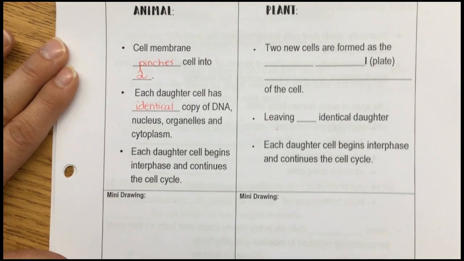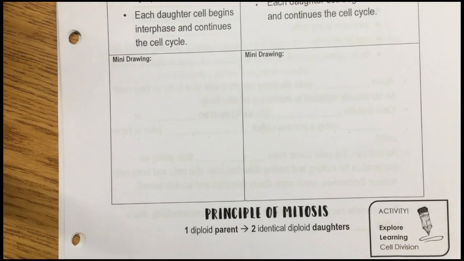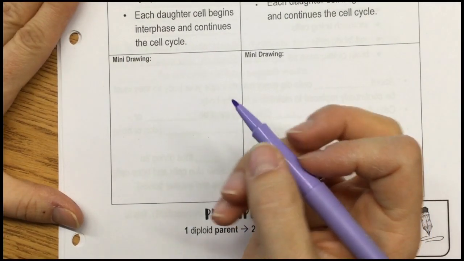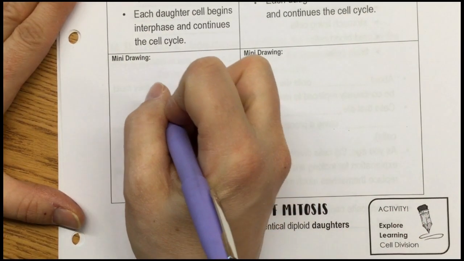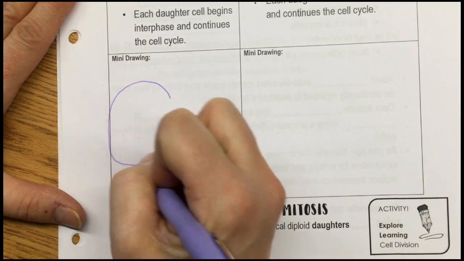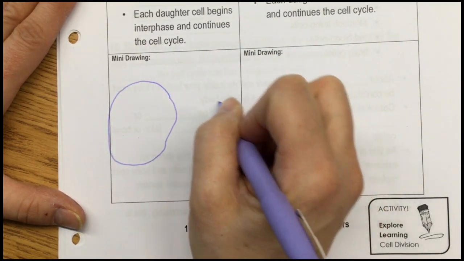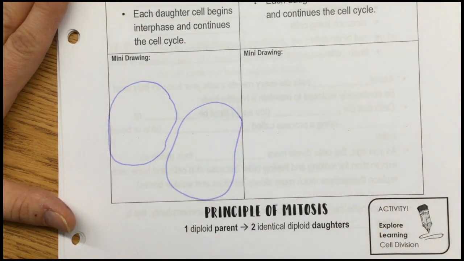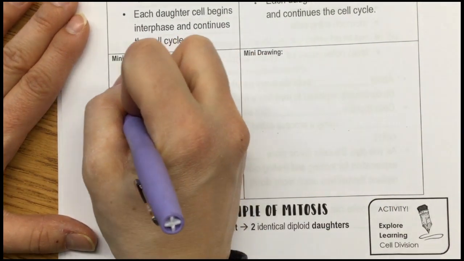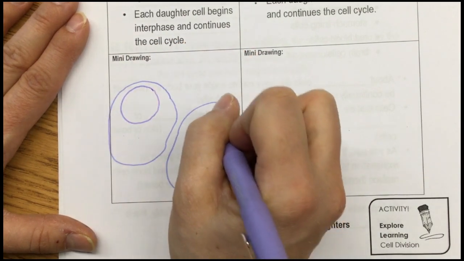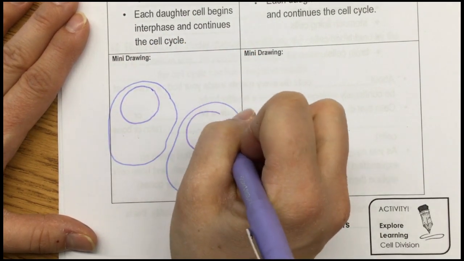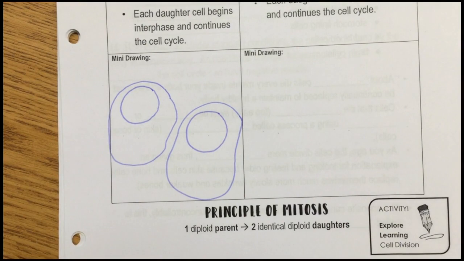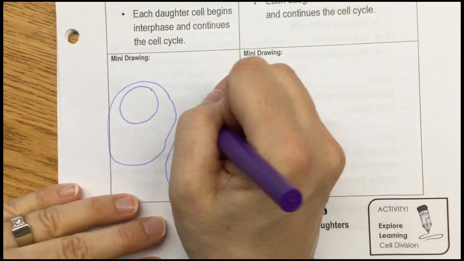Okay? So I'm going to show you what cytokinesis would look like. Okay, so we'd have now two cells. Okay, we have a fully formed nuclear membrane. Okay, we have our nucleolus.